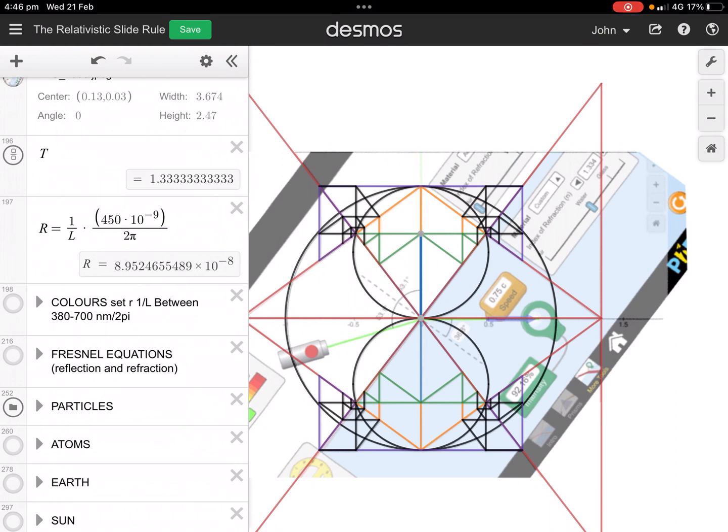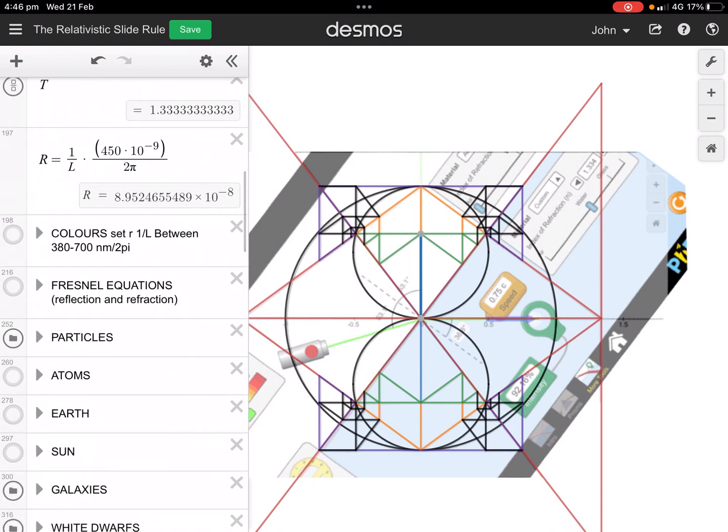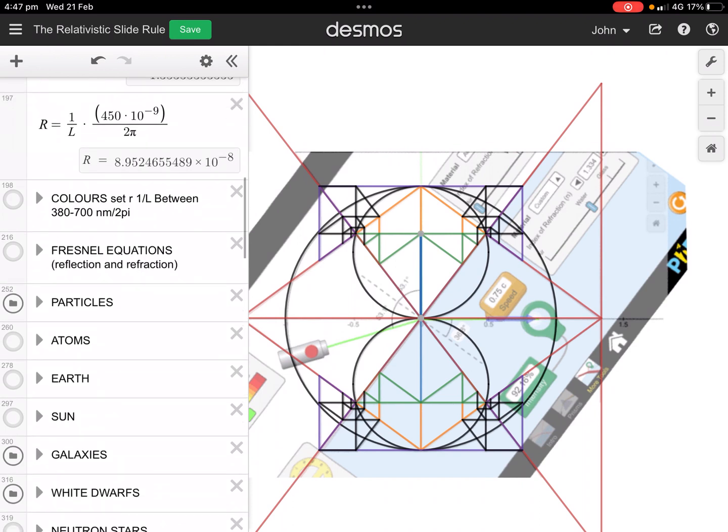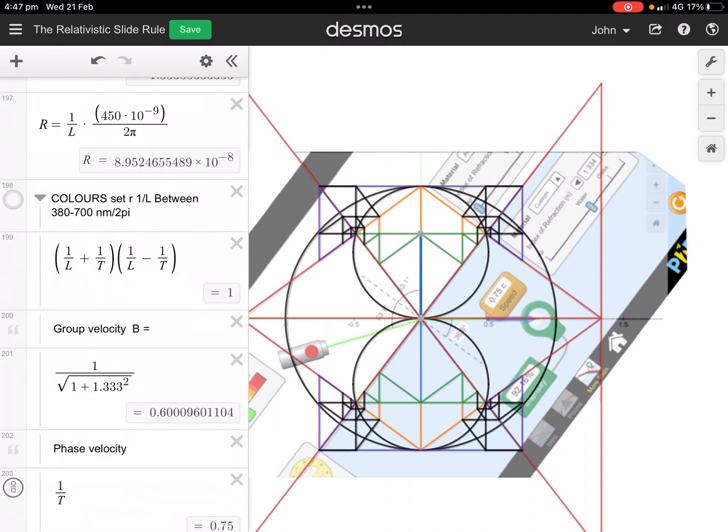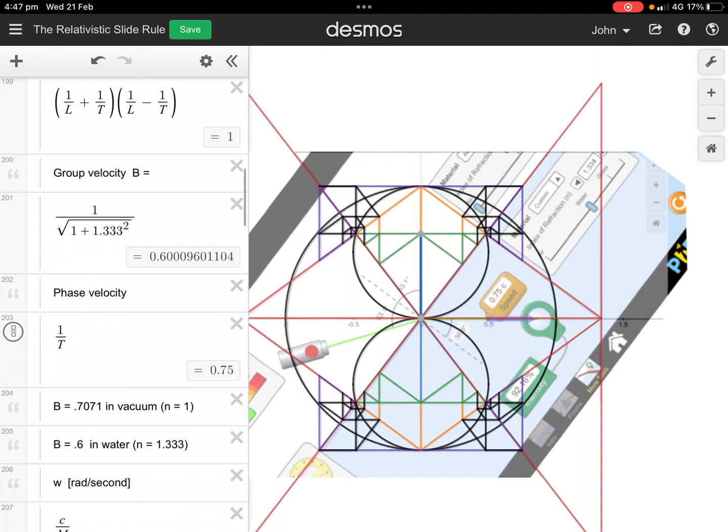So first of all, colors. I've just chosen 450 nanometers, which is visible light. So on the electromagnetic spectrum, anything with a wavelength between 380 and 700 nanometers will be visible, and then I've divided by 2 pi, so in radians.